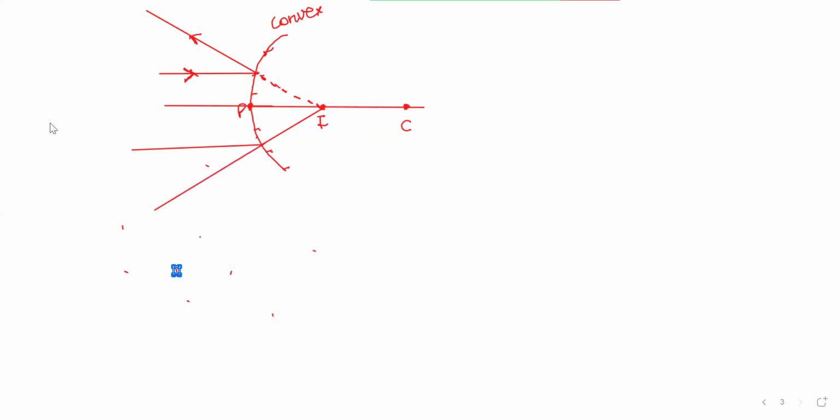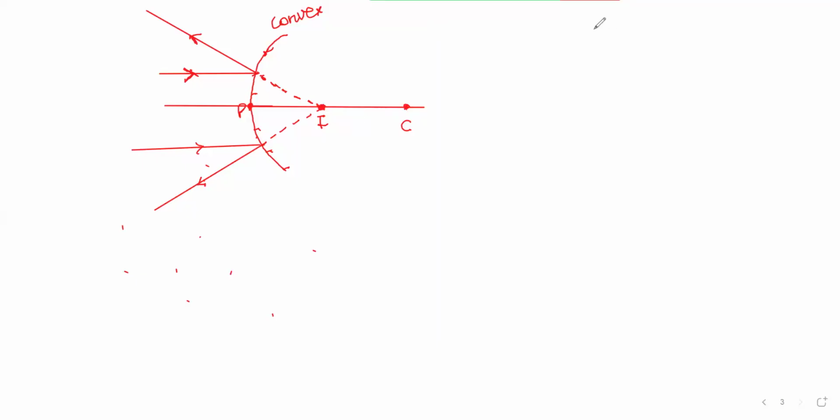So, incident, reflected. The reflected ray always appears to be diverted from this point. So this is how the first rule applies for convex mirror.